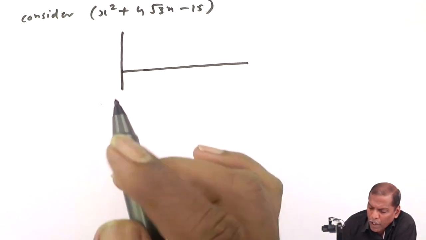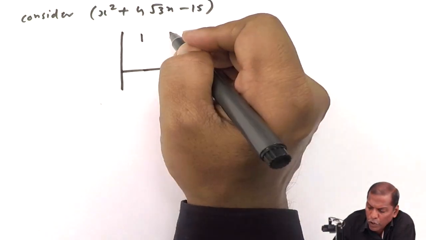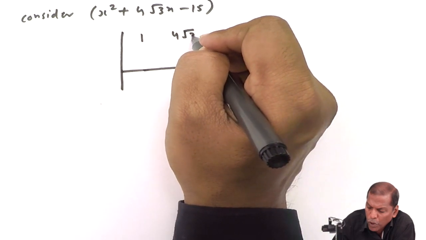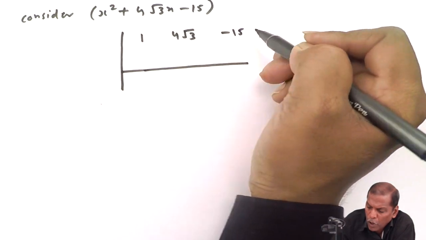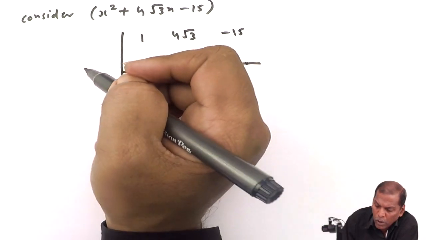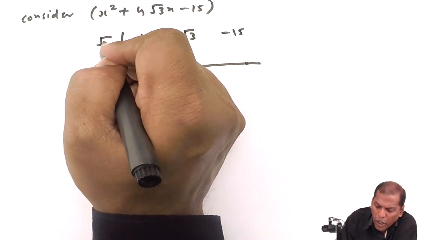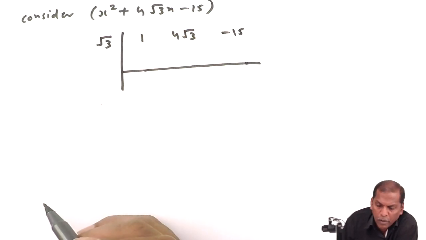First of all, we write the coefficient of x square, that is 1. The coefficient of x is 4 root 3 and the constant term is minus 15. Here the divisor we take is the limit, that is root 3.